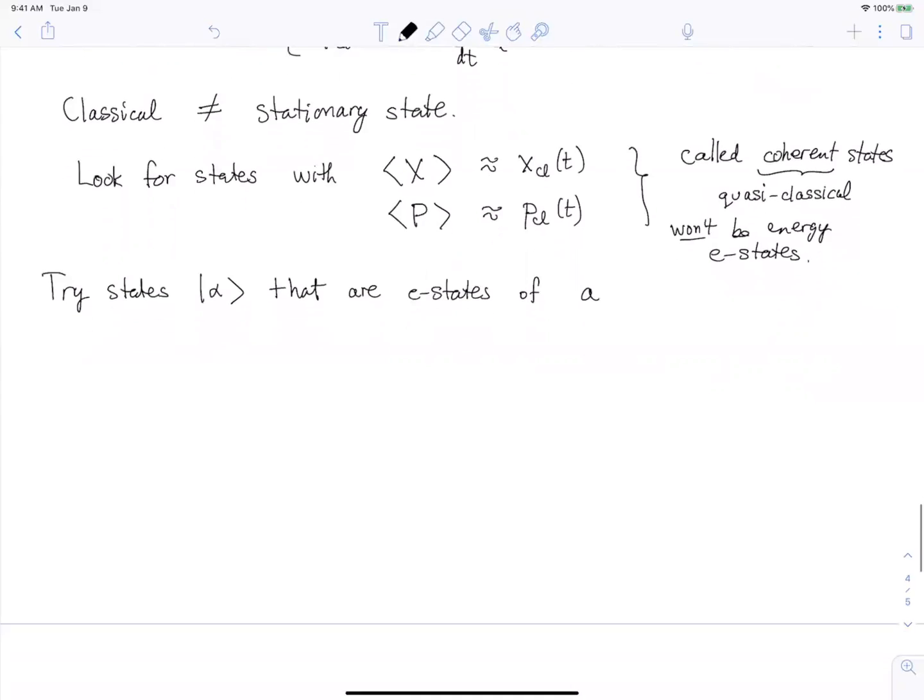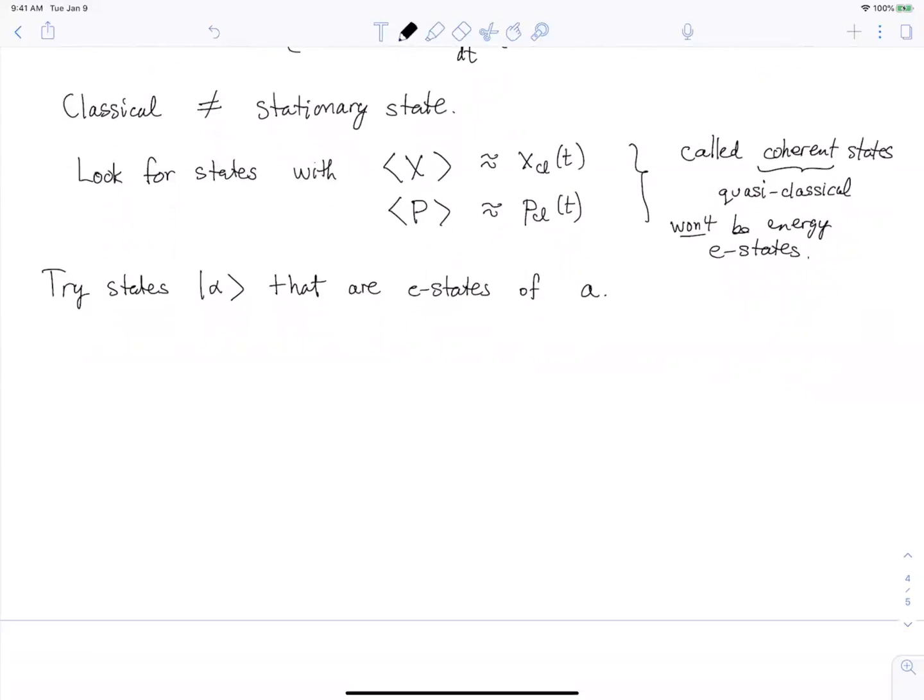Okay, so that choice has some consequences. First of all, the lowering operator is not Hermitian. And it doesn't commute with the Hamiltonian, which is a sign that we might be on the right track, because if it did commute with the Hamiltonian, then we could choose these states to be energy eigenstates also, and we know we don't want that.